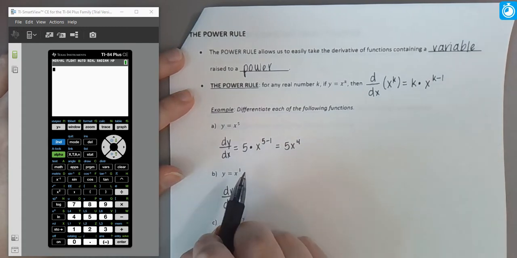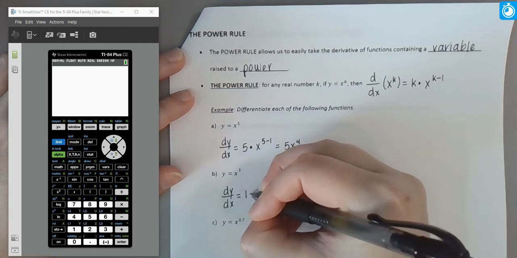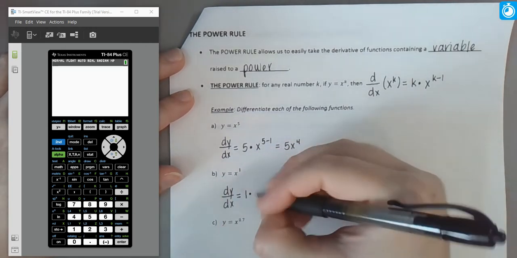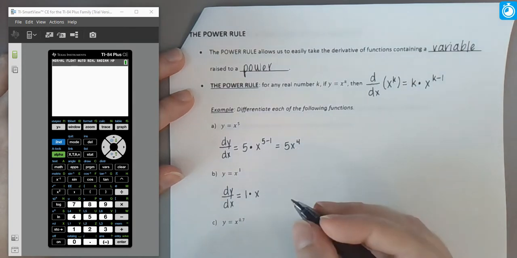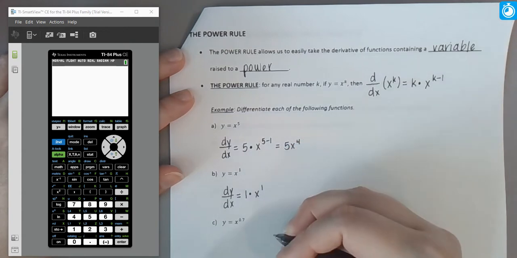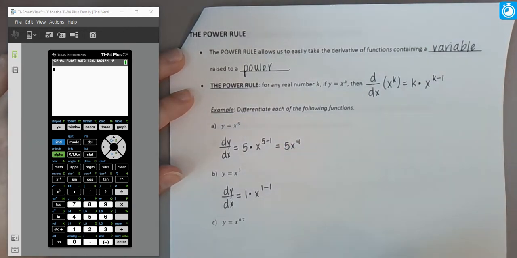Same rule. We take the exponent, bring it down, it becomes a factor, and then we multiply by our variable with an exponent, but the exponent is going to take the original exponent and decrease it by 1, subtract 1 from it.